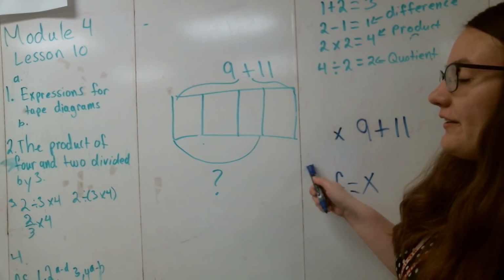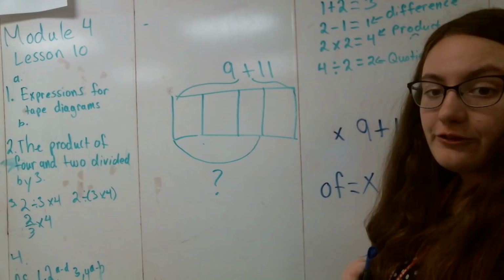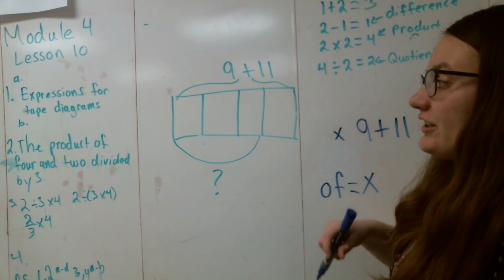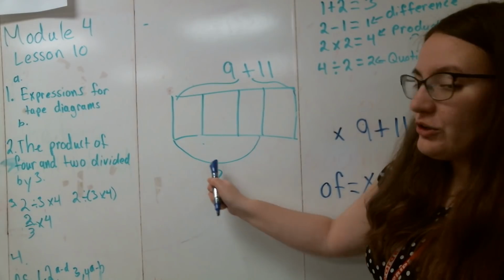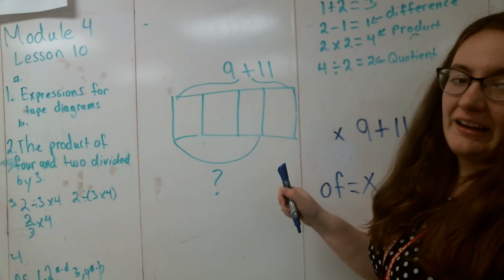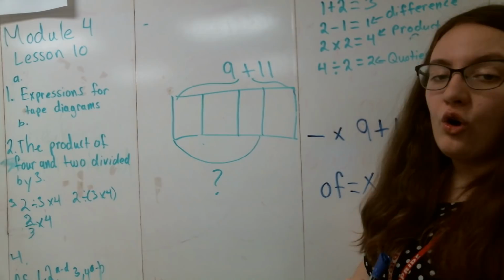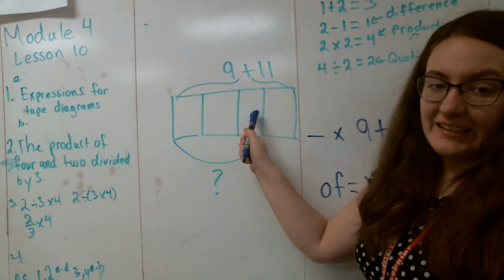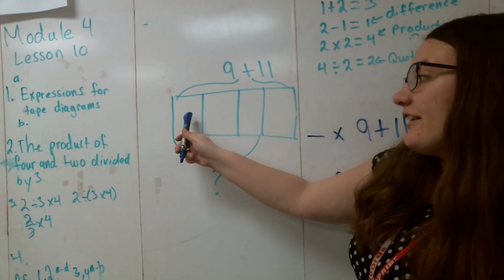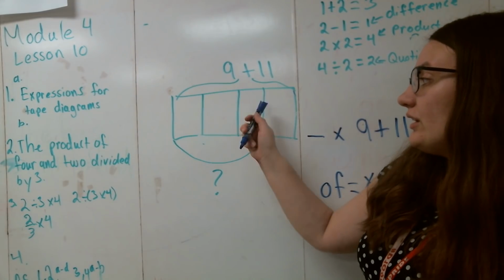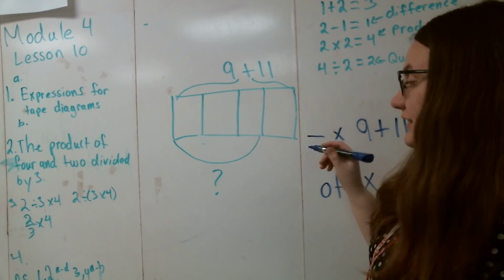Let's figure out now what fraction is going to go in front of that. I look at this section that I'm trying to find the question mark for. I'm thinking, how many total parts is this tape diagram made up of first? When I look at this tape diagram, I see there are 1, 2, 3, 4 different parts it's made up of.